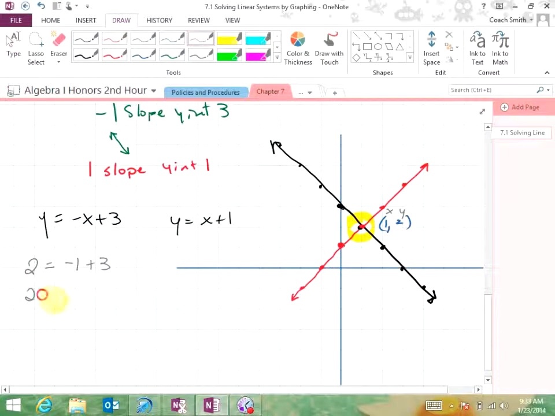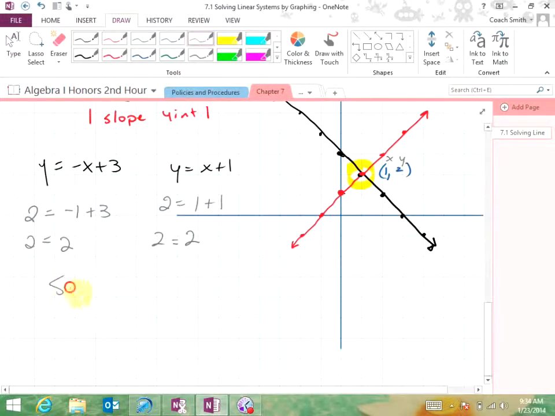Well, 2 would be equal to 2. So it checks in that one. Plug it into the other one, you get 2 is equal to 1 plus 1. So 2 is equal to 2. So it does check out. So our solution then is 1, 2. That's your solution.